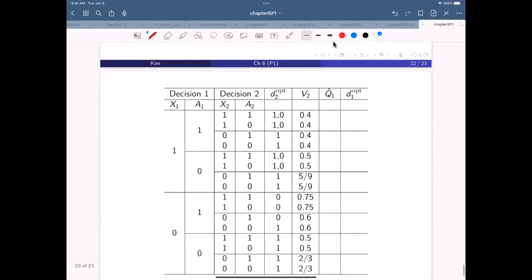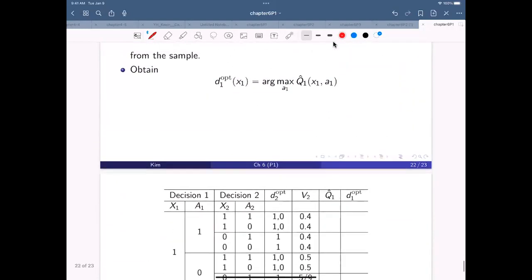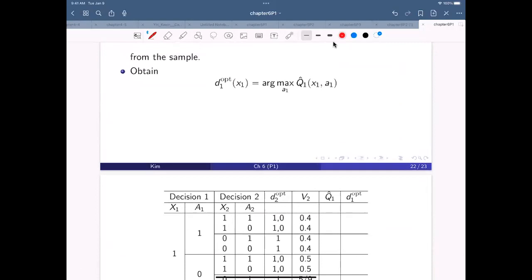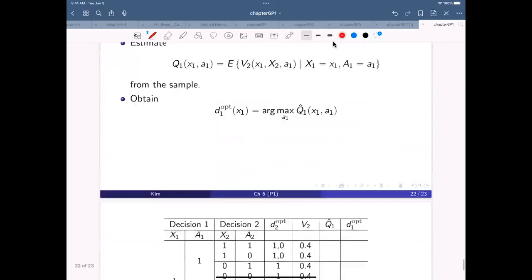So basically you can do the same thing here. You use that to compute the Q hat 1, then compare between the two Q1s and choose the one with the bigger value. Because you have A2, now we're going to compare this. So anyway, that's kind of a plan.